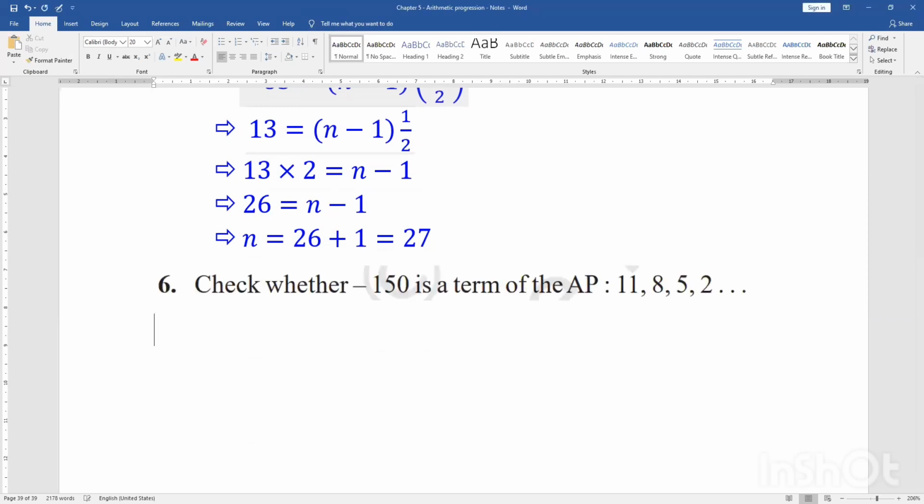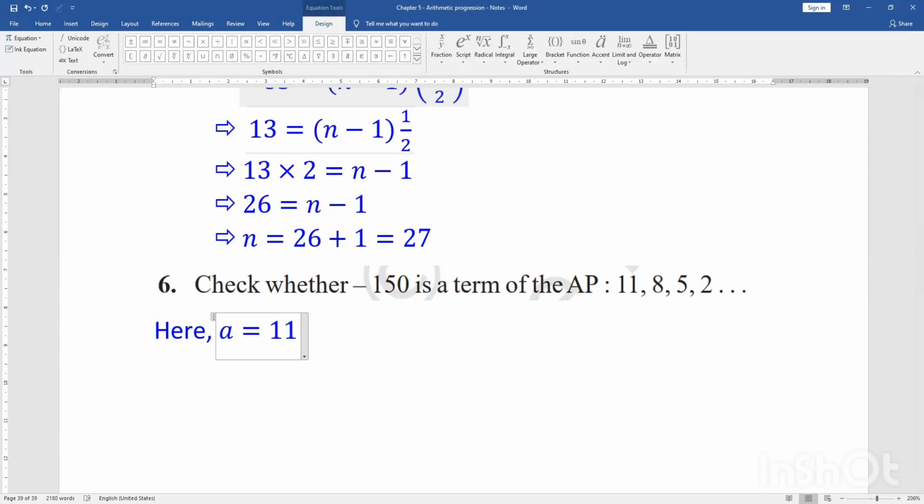Then we have: check whether minus 150 is a term of the AP 11, 8, 5, 2. Okay. Now let us write our findings for this. So here we have a equals 11, and d is equal to 8 minus 11, which is equal to minus 3.